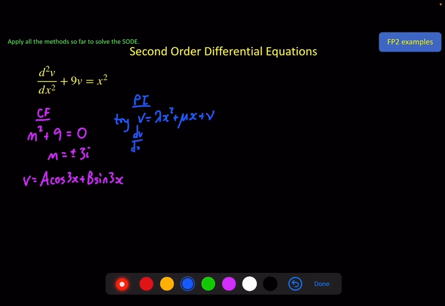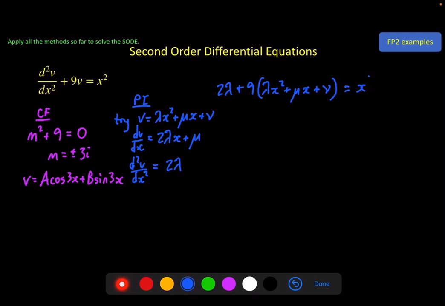dv by dx is equal to 2 lambda x plus mu. Second derivative is equal to 2 lambda. Substituting those into our equation gives me 2 lambda plus 9 lots of lambda x squared plus mu x plus nu. That has to equal x squared.